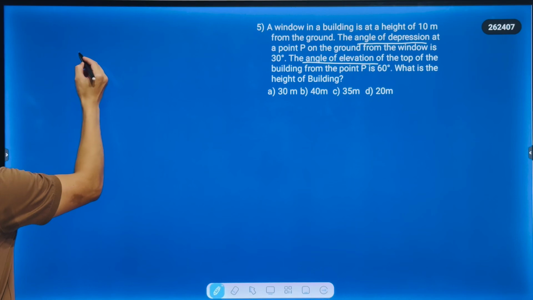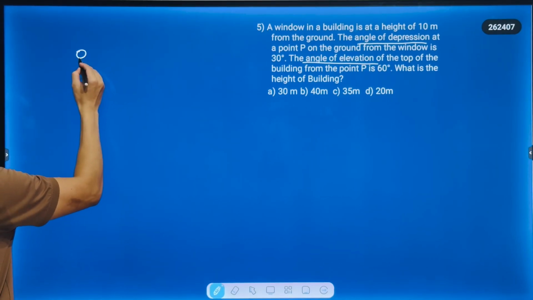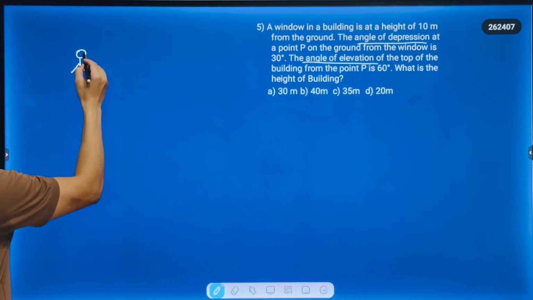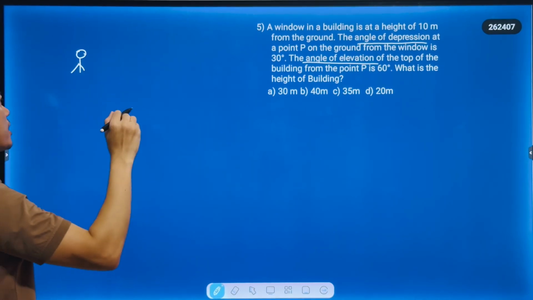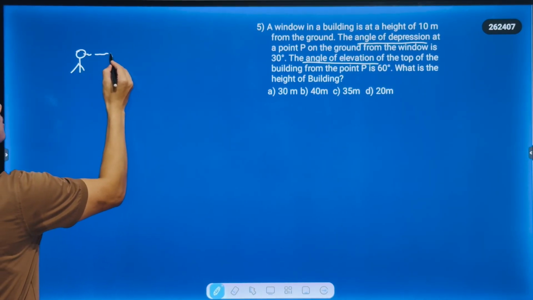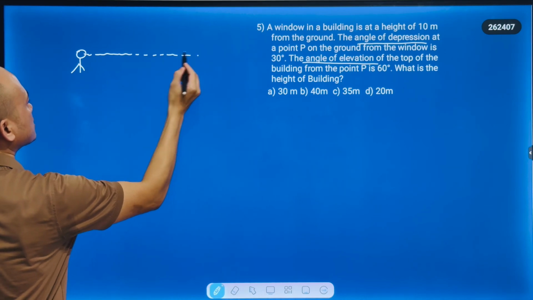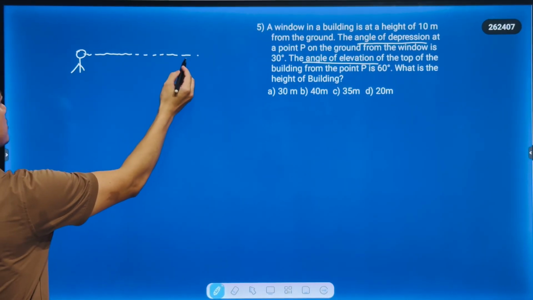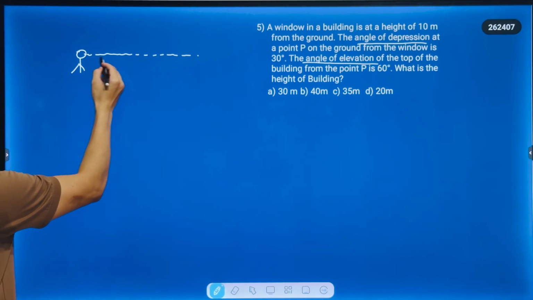So suppose this is a person. His line of sight is straight, looking straight ahead, a straight line.